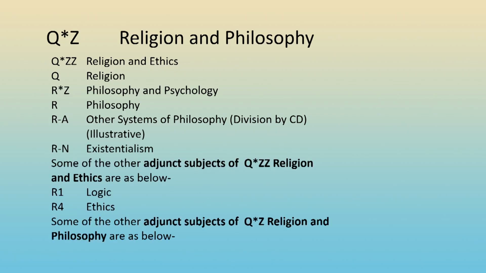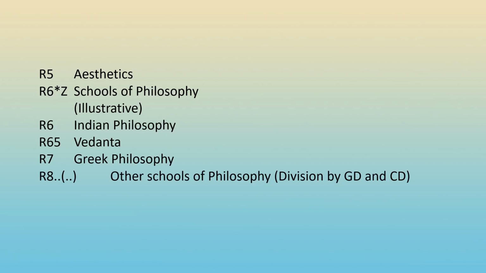And some of the adjunct subjects of religion and philosophy are aesthetics, schools of philosophy, etc. You have to follow chapter DE in pages 57 to 67 for different basic subjects under these agglomerates.